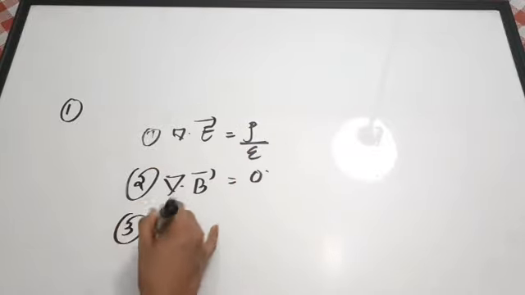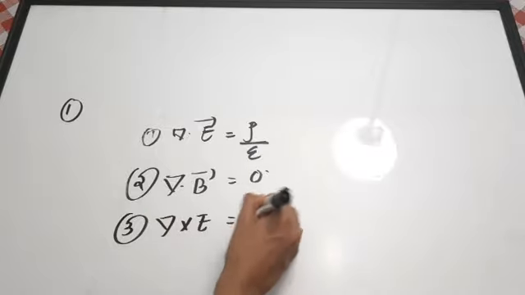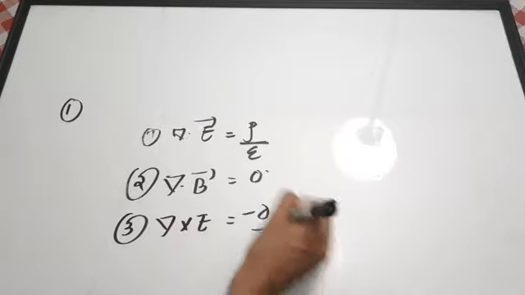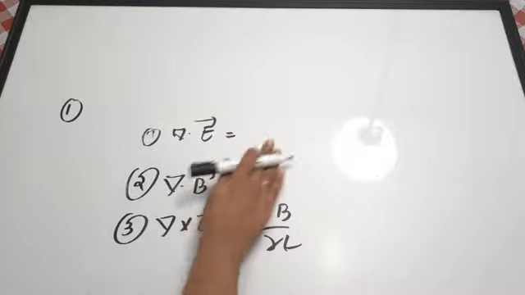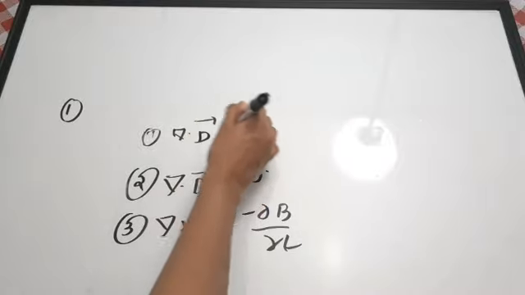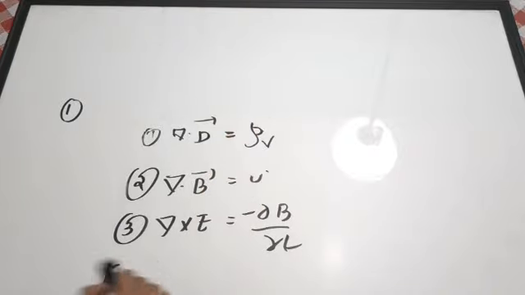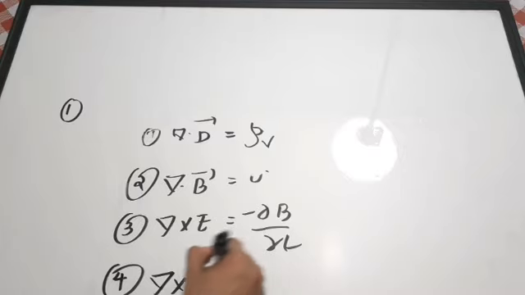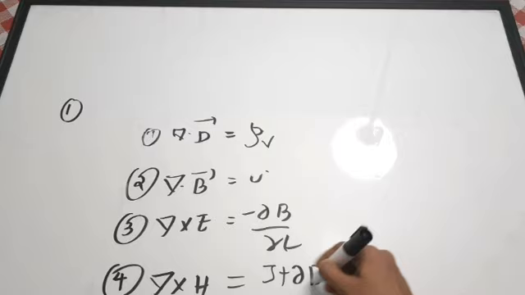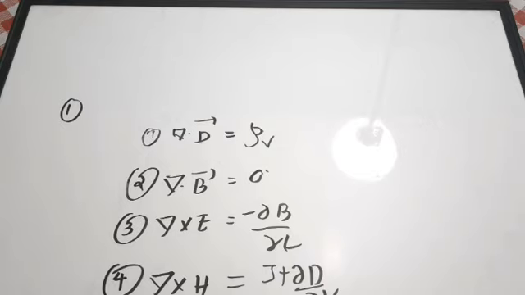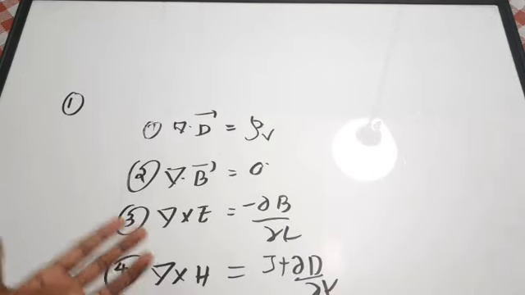Third equation is del cross E equal to minus dou B by dou T. Del dot D equal to rho V. Then the fourth equation is del cross H equal to J plus dou D by dou T. So these are the 4 equations of Maxwell. We have discussed about in detail in the video of Maxwell's equation revision.